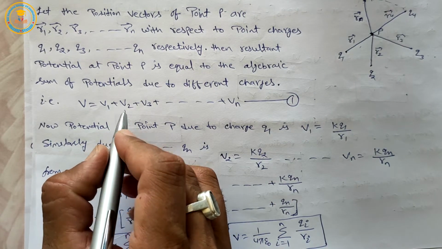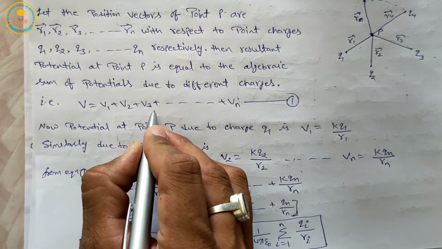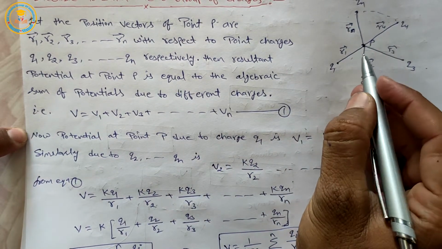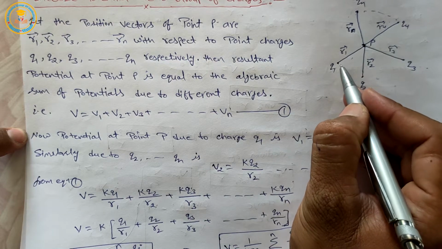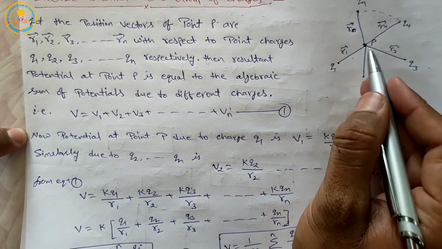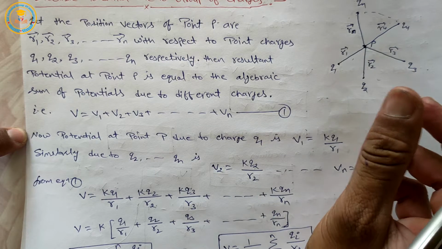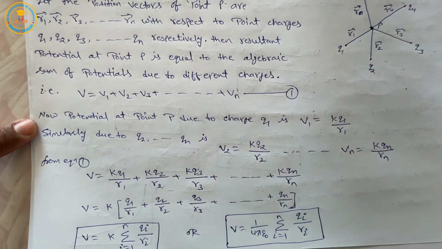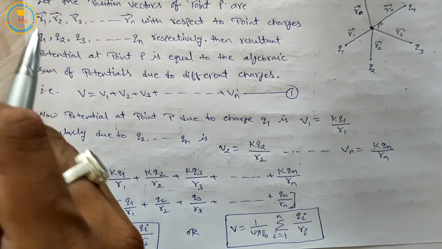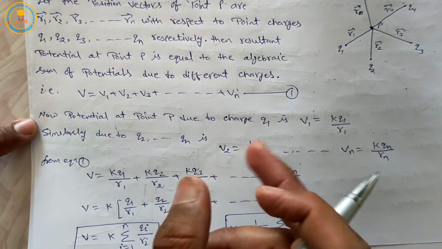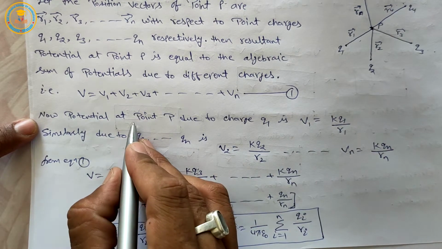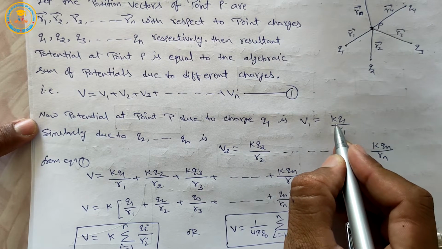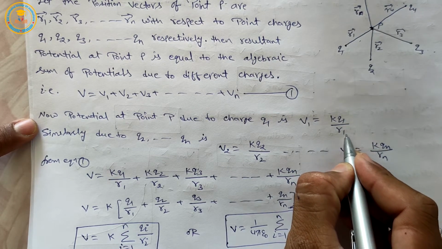Firstly we calculate the values of V1, V2, V3 and so on Vn. We know that the electric potential due to a single point charge at any point located at small r distance from the single charge Q is V equals KQ over R. According to this, the potential at point P due to charge Q1 is V1 equals KQ1 upon R1.